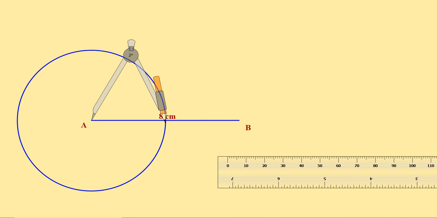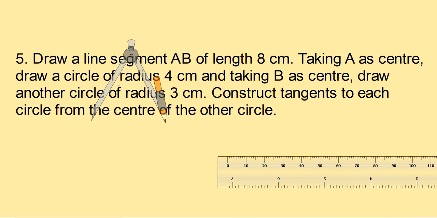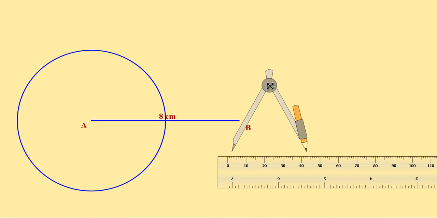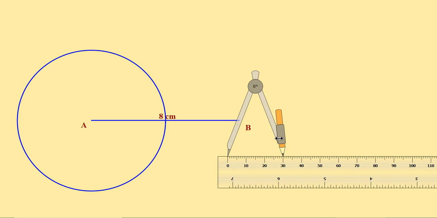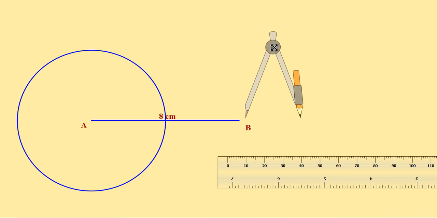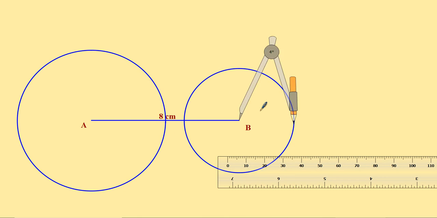Now, taking B as center, draw another circle of radius 3 centimeter. So, with B as center, radius 3 centimeter, draw a circle.